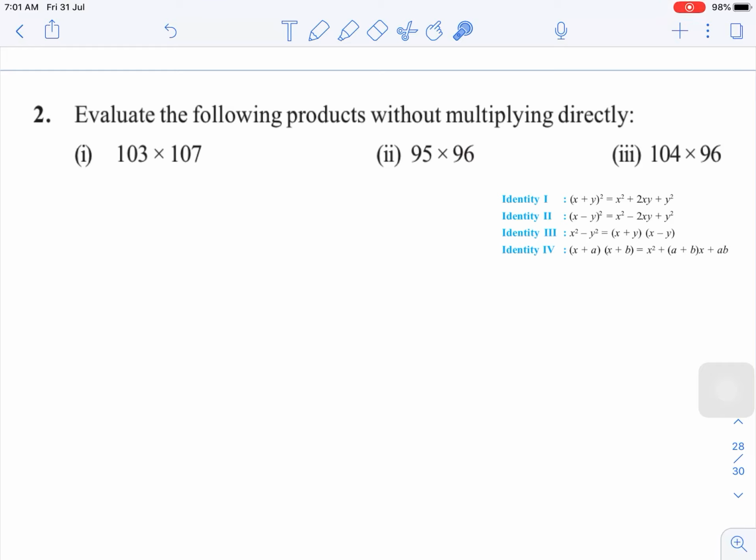Now here it is given that evaluate the following products without multiplying it directly. So now we are given with the numbers, but we are not supposed to multiply it directly. So let us solve it. Solution.